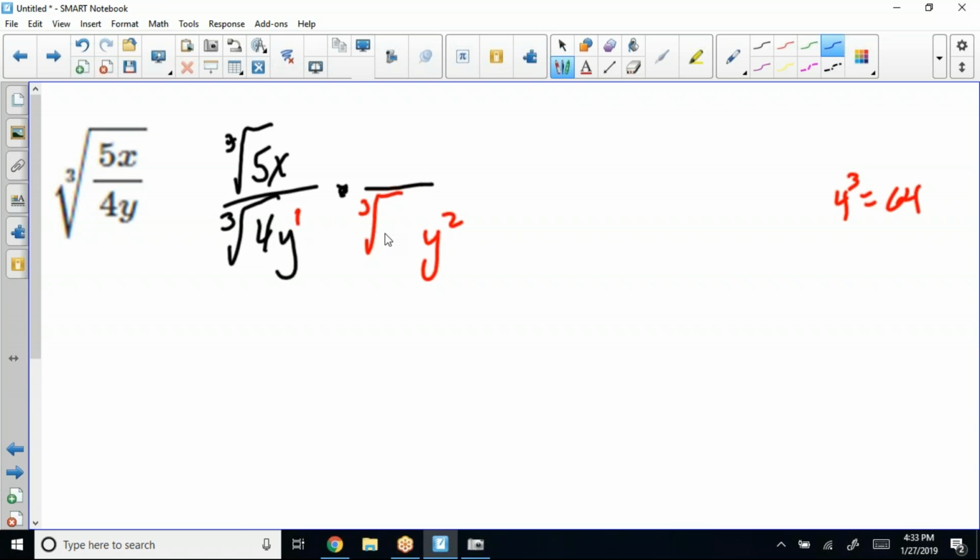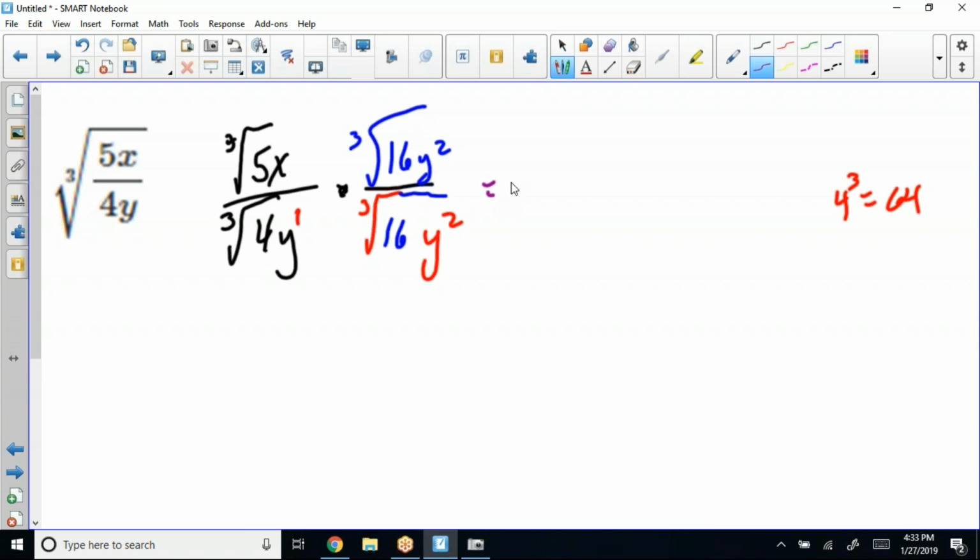All right, so I need to multiply this by, this is what I'm rationalizing everything by. Any questions about that before we go on? No, I think that's good. Aaron, you good with that too?